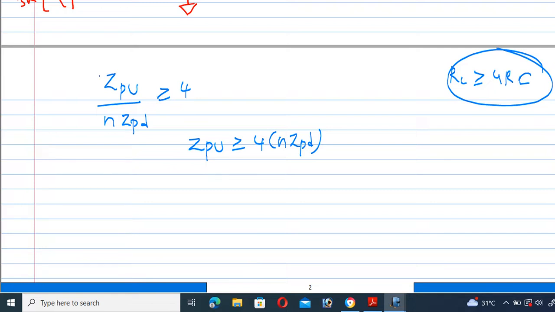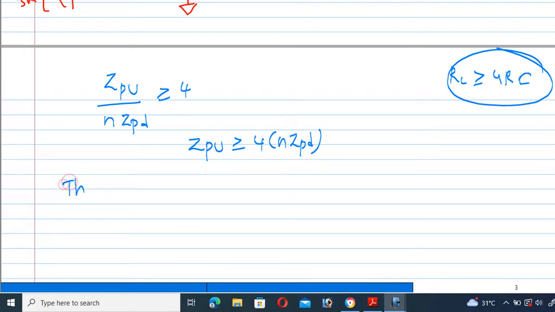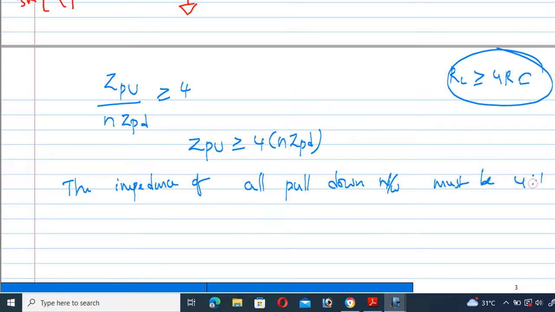So from this diagram, compulsorily the impedance of all pull-down networks must be 4:1.